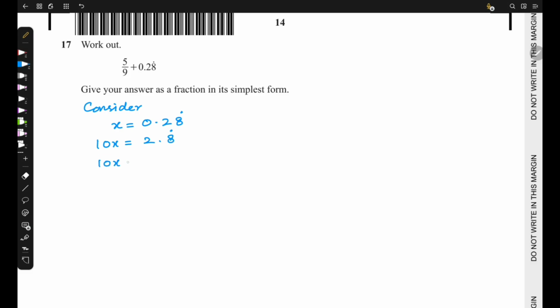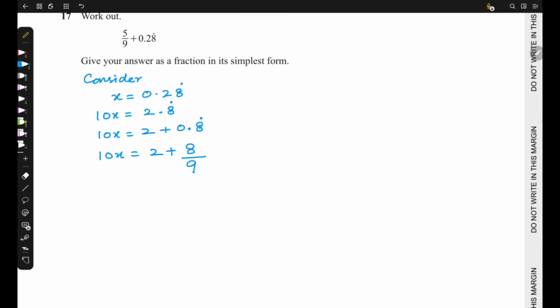We can write it like this, 2 plus 0.8 recurring. And there is a shortcut: if we have only recurring decimals after the point, we can write it as a fraction with the repeating number in the numerator and 9s in the denominator. This can be written as 8 over 9 in the form of a fraction.